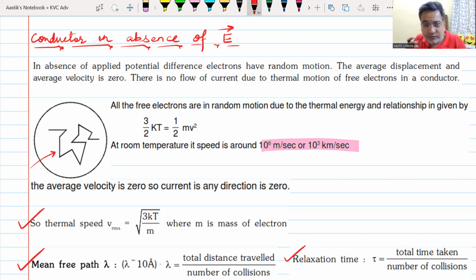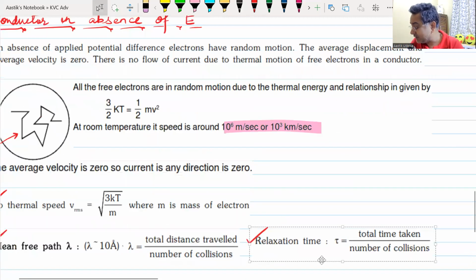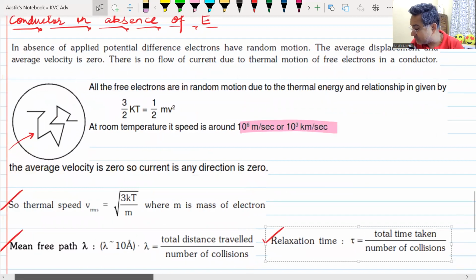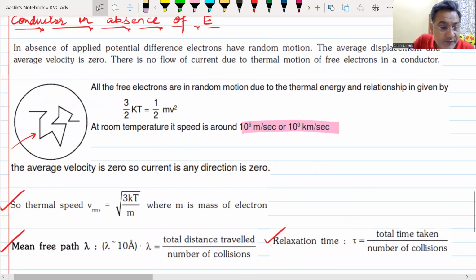When these gas molecules are moving between two collisions, the time interval between two collisions, do you remember that time? The time interval between two collisions, tau, the average time between two collisions, is now known as relaxation time. Do we understand this? So these are the formulae for all these quantities, and we can understand them by understanding that kinetic theory of gases. Do we understand this?